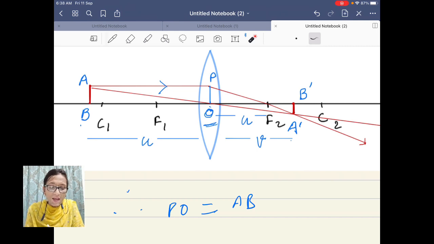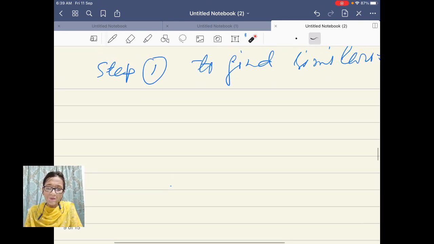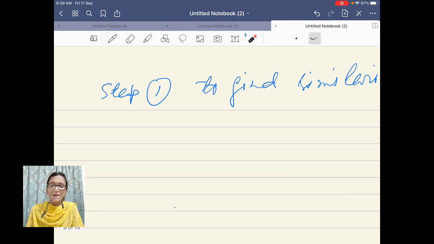Here OAB is a triangle, and OA'B' is another triangle. You can see two angles of these two triangles are equal. Like this, your vertically opposite angles are equal, and here you have a right angle at point B and at B'. So two angles you can see that they are equal. So the triangles are similar.